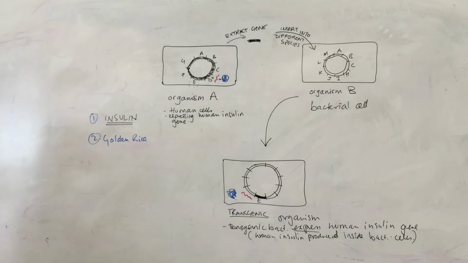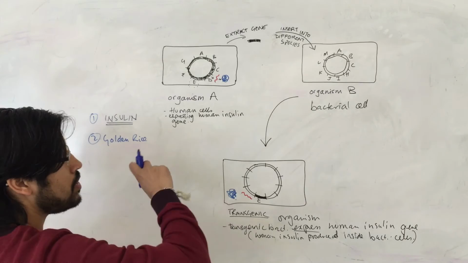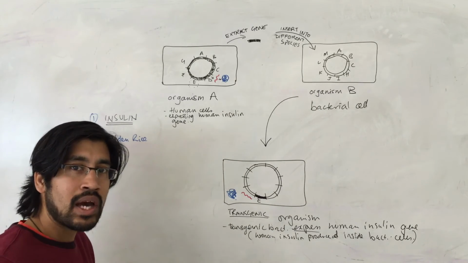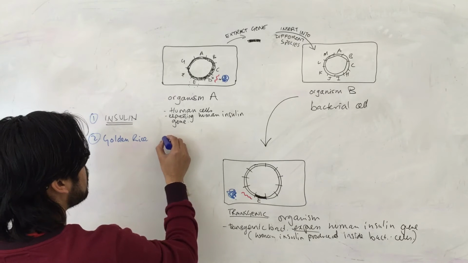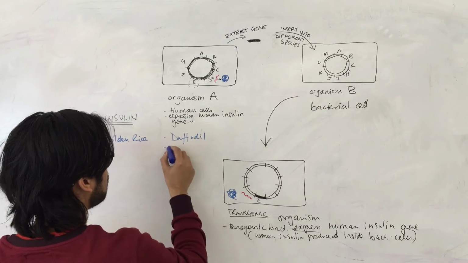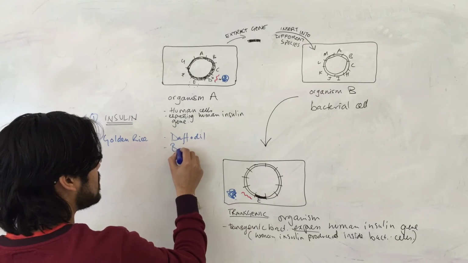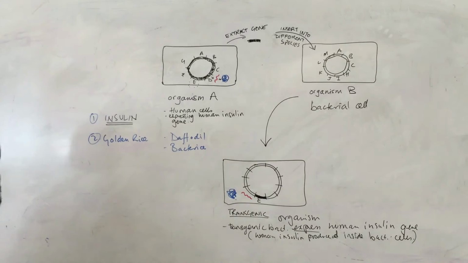In the golden rice example, organism A, i.e. the organisms that have the genes that we want, are the daffodil plant and certain bacteria that express certain enzymes.